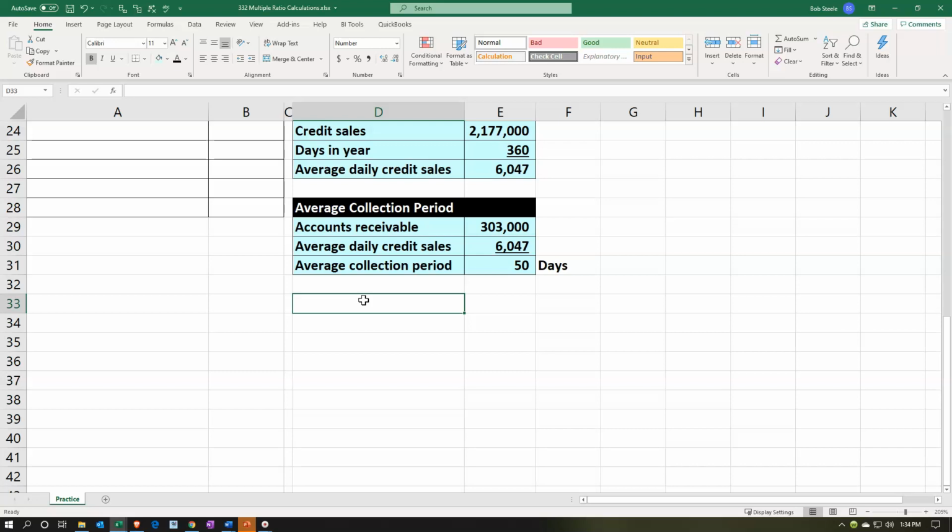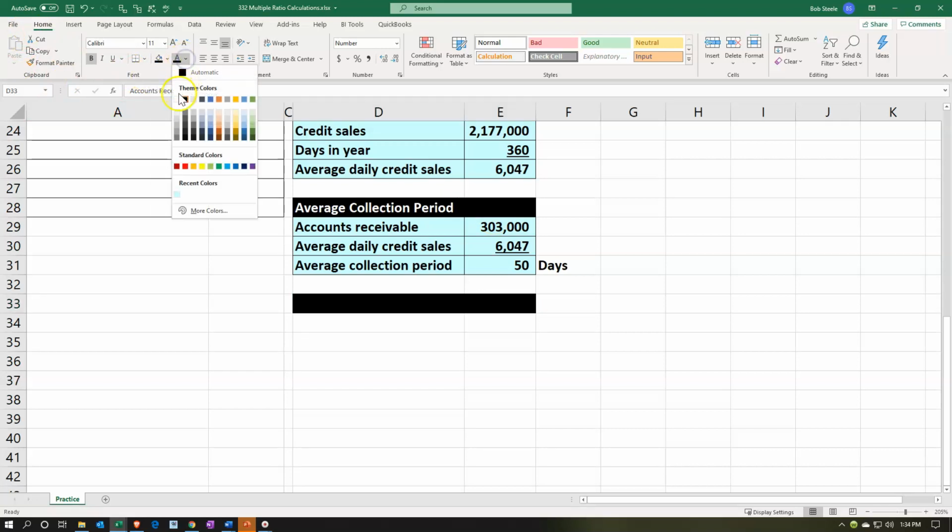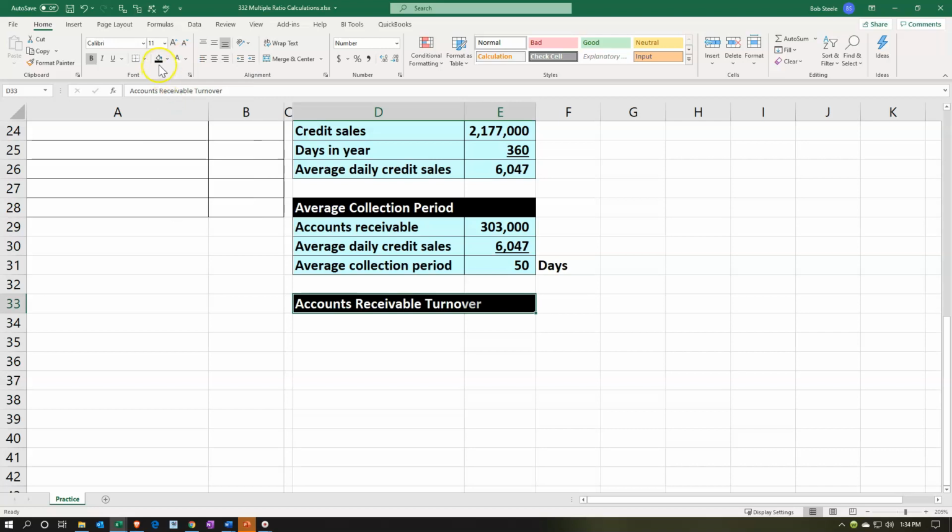Let's calculate. We'll practice doing this from scratch, formatting this whole thing from scratch. Now I'm going to calculate the accounts receivable turnover. I'm going to make this black and white as our headers have been, by going to the Home tab, font. So there we go, just black and white.